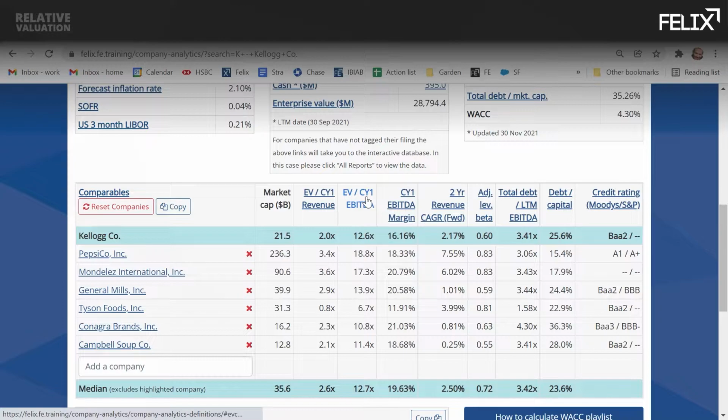CY1 just stands for calendar year 1. Now, we're doing this as of December 22nd, 2021. Because the year end hasn't closed, CY1 would still be 2021, so it's always the kind of forecast year. And the same thing applies for revenue, so CY1 revenue.